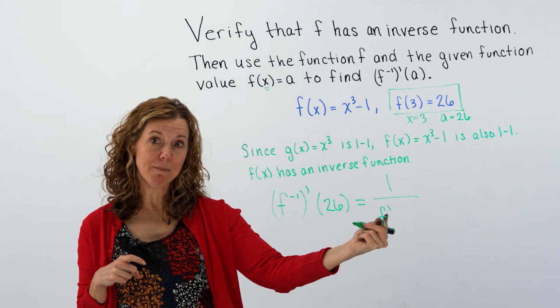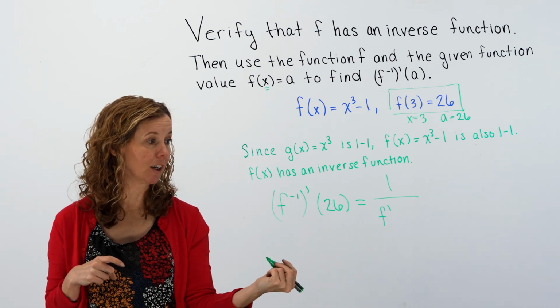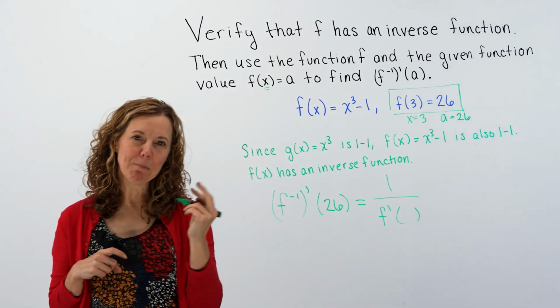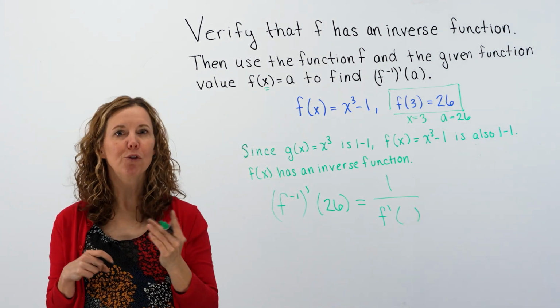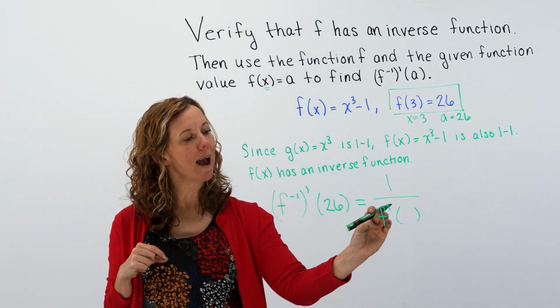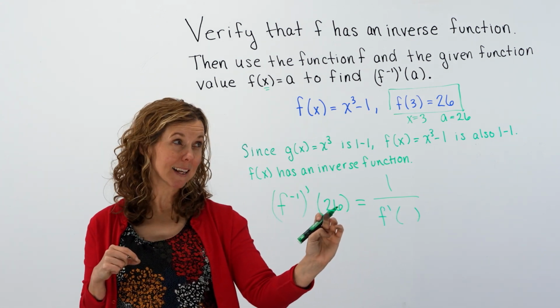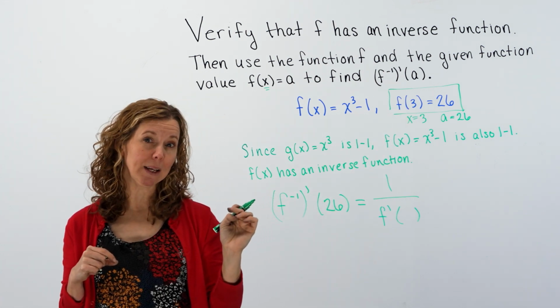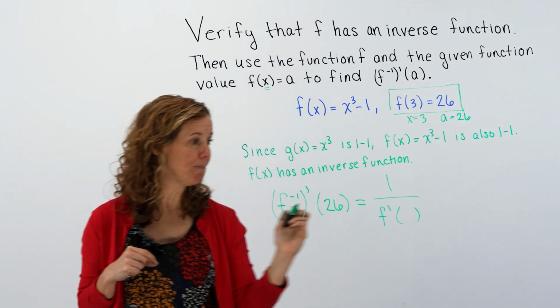So f prime is telling me the slope of my original function. But remember that we also change inputs and outputs when we move from a function to its inverse. And so instead of evaluating f prime at 26, I want to go back and I want to evaluate it at 3, the corresponding input.